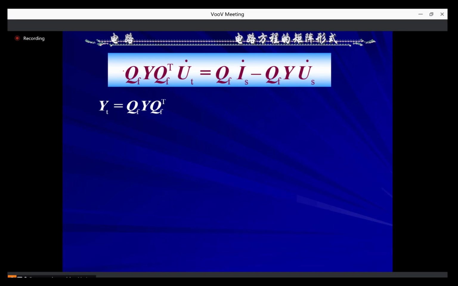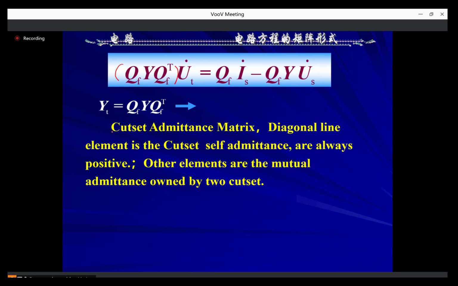We define YT. This part we use YT to express. We call YT the cut set admittance matrix. The diagonal line element is the cut set self-admittance. They are always positive. The other elements are the mutual admittance owned by two cut sets.